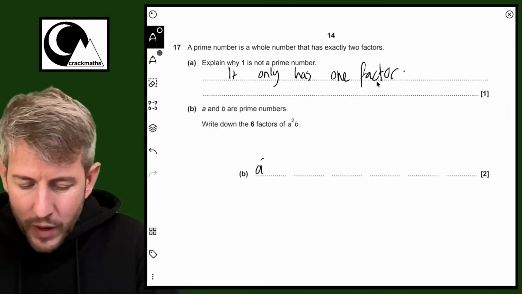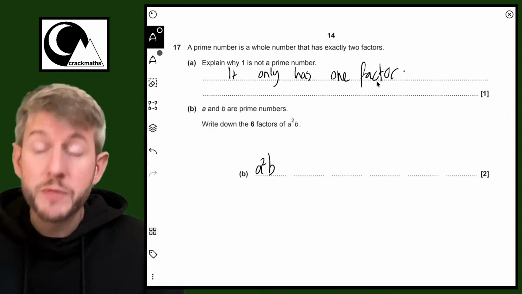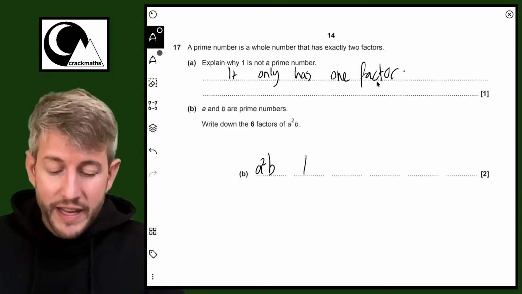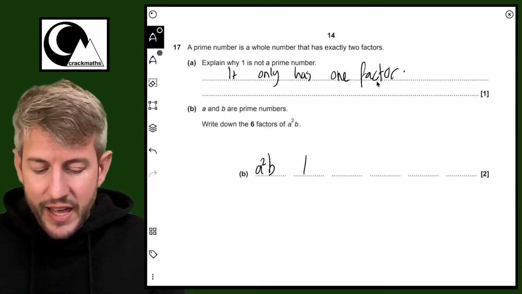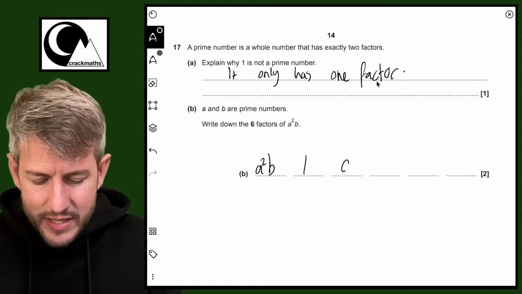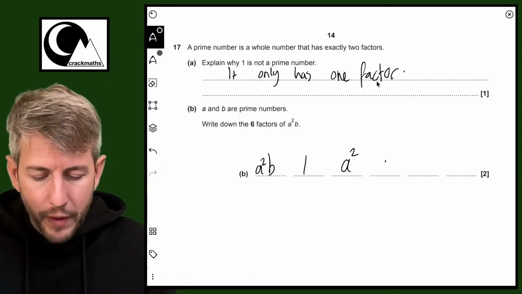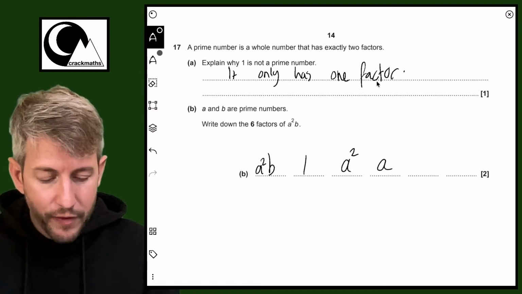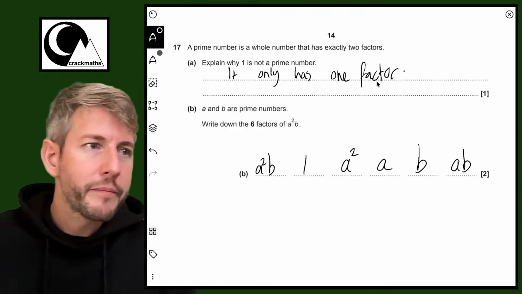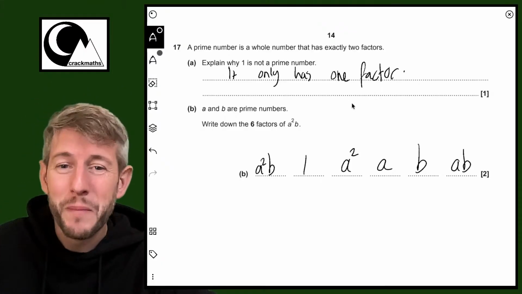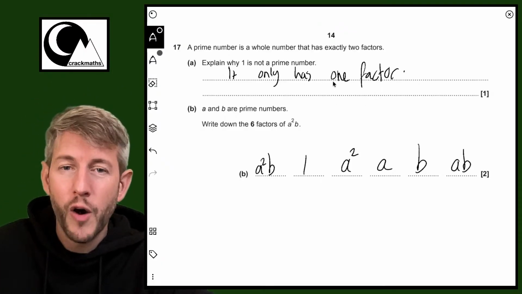So a squared times b is the first factor, and 1 is the second factor. The other factors we're going to get out of this is we can divide this by a squared, we can divide it by a, we can divide it by b, and we can divide it by ab. Okay, that's a weird question, but these are all the factors of a squared b.